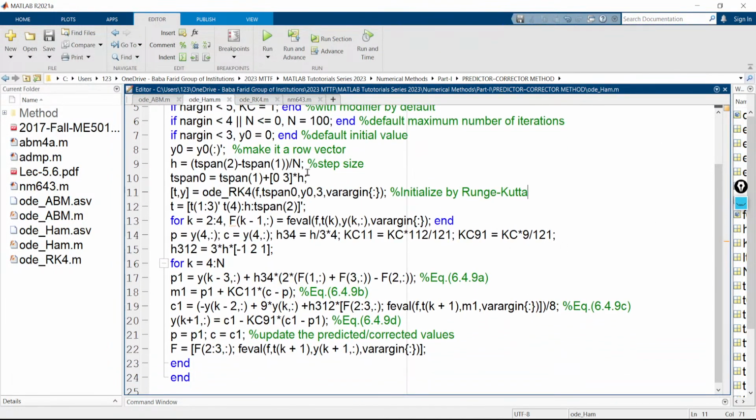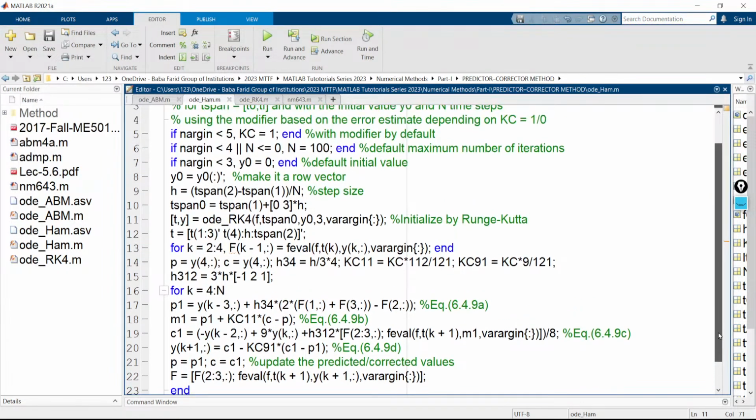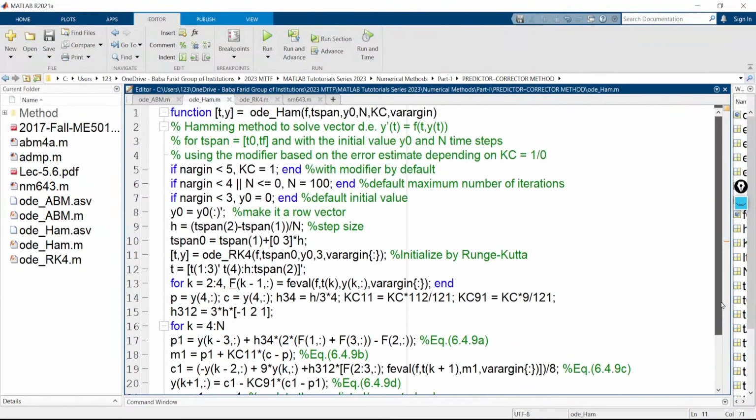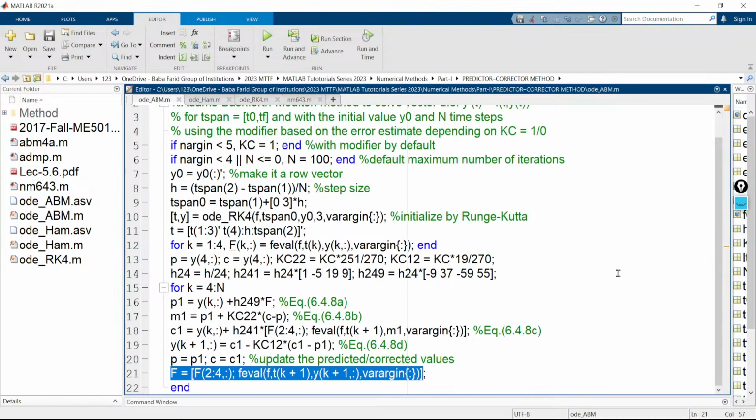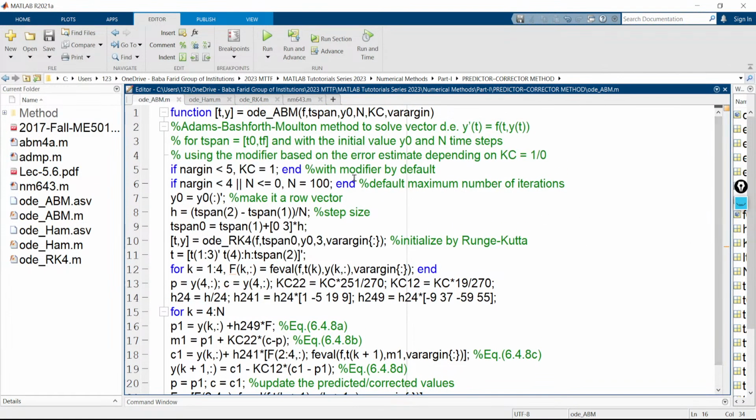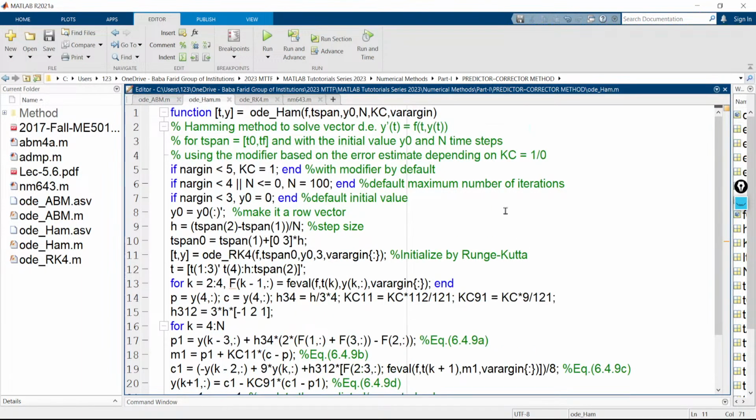Now I hope you can take a screenshot of this file for your use. So we now have 3 programs. One is for ODE Runge-Kutta fourth order, the second is for the Adams-Bashforth method, and the third one is the Hamming method.